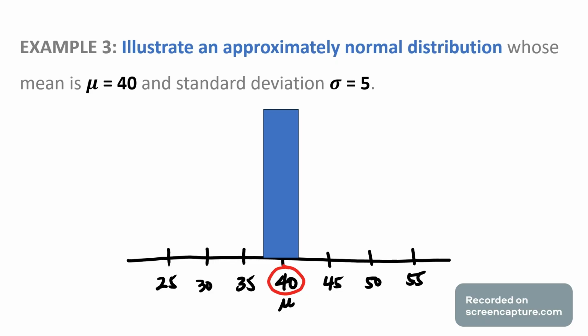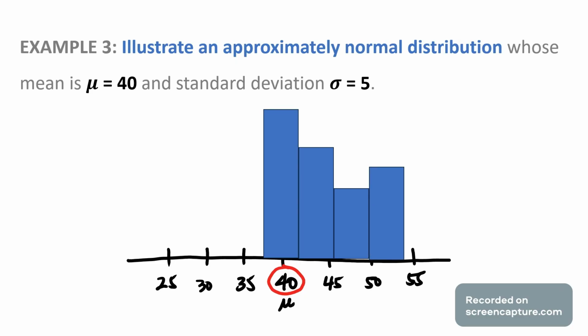That means we're now going to decrease the frequencies. And because our graph is just an approximately normal distribution, we're not aiming for a perfect normal distribution. That means the next bar or bin may increase in value. But still again, the others should decrease. And on the right side, we try our best to copy the distribution. But then again, this is just an approximation of the normal distribution.